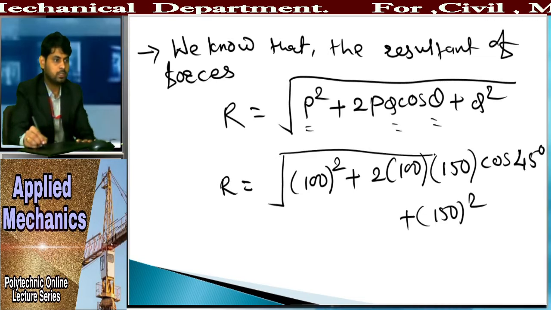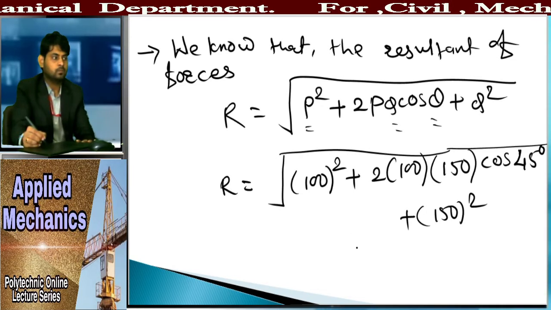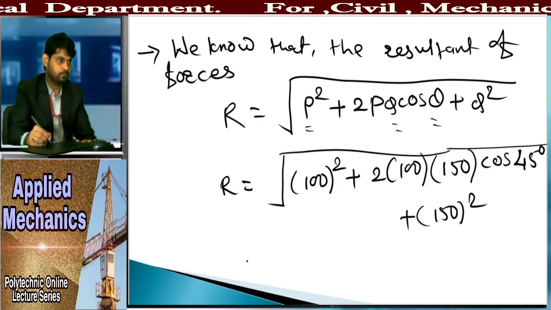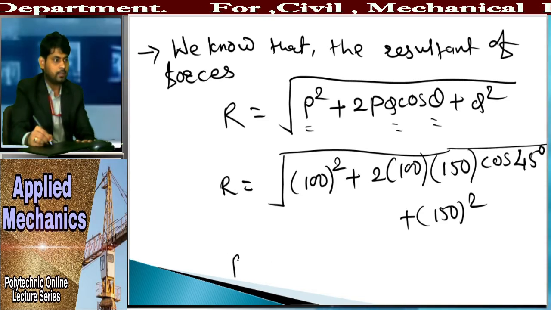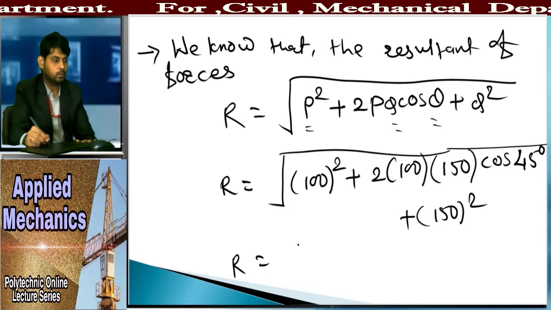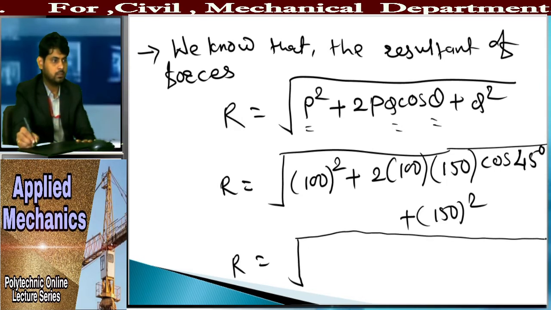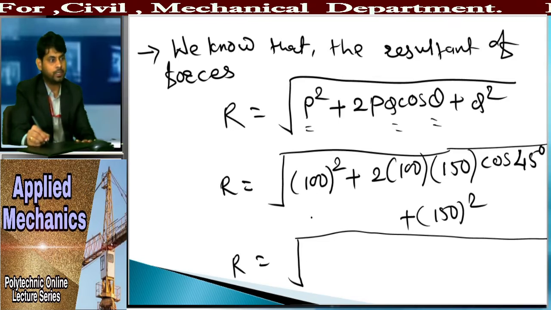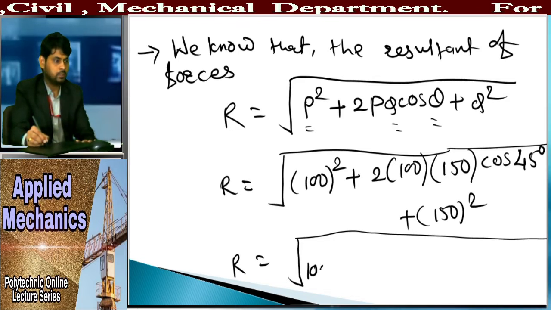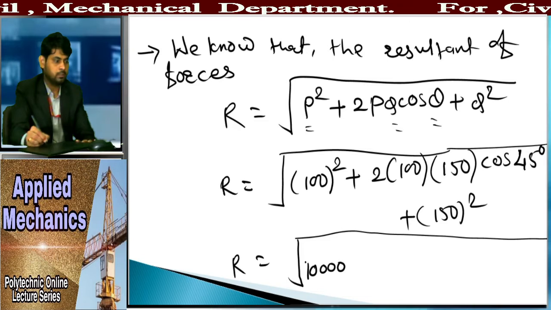All these values are under root. So R is equal to under root of 100 square, which is 10,000.